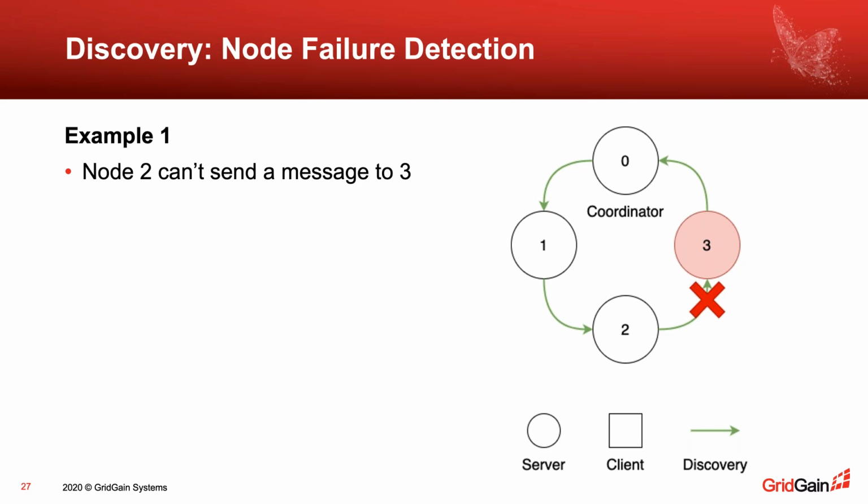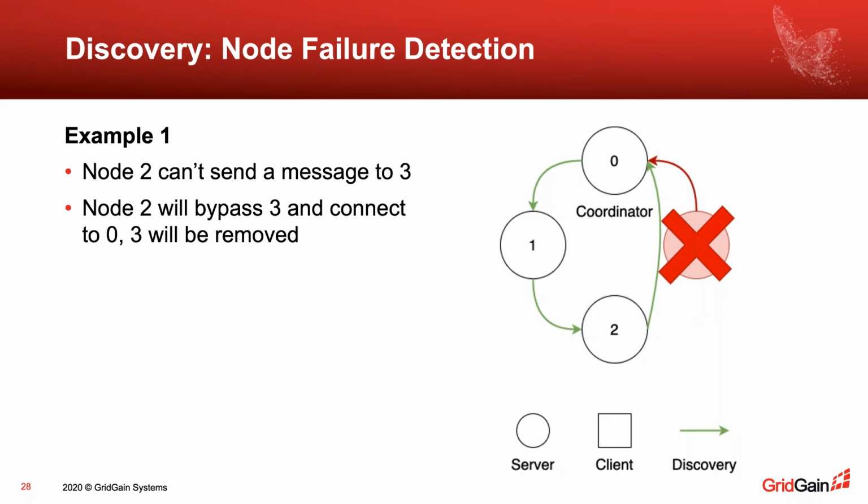Say node number 2 tries to send a message to node number 3 with that discovery link. It will try for some time, but after that, it will understand that it can't send the message to node number 3. At that point, using our first rule from the previous slide, unreachable via discovery means failure, node number 2 will decide to remove node number 3 from the cluster, and the unhealthy node will be removed.